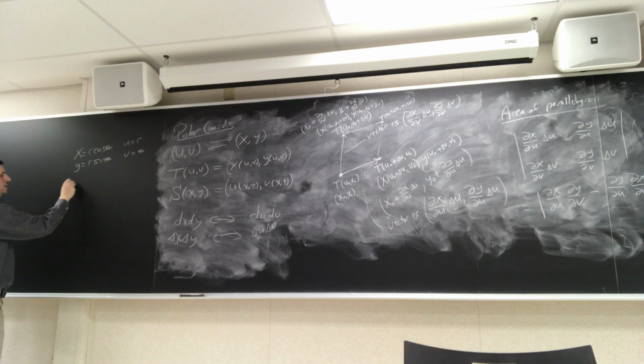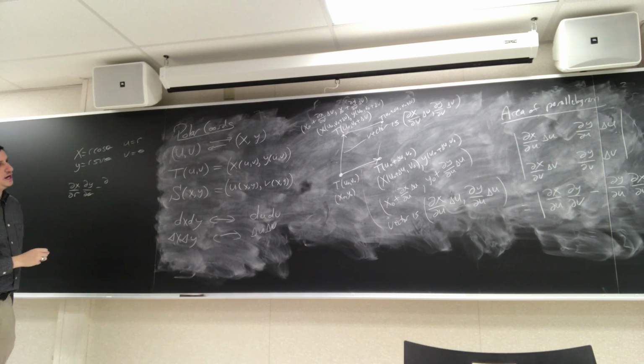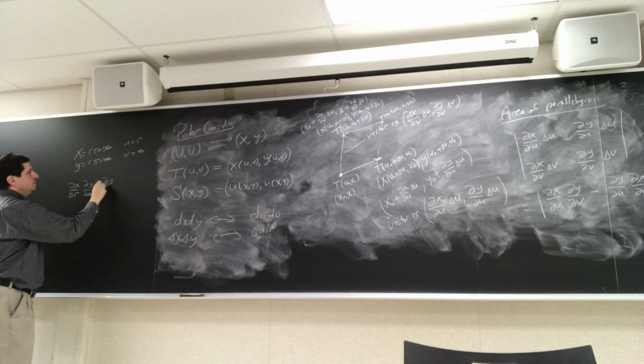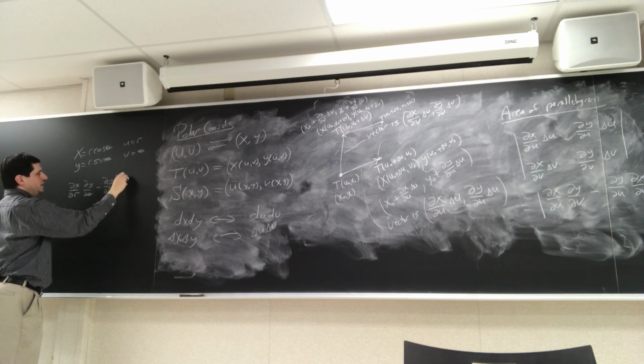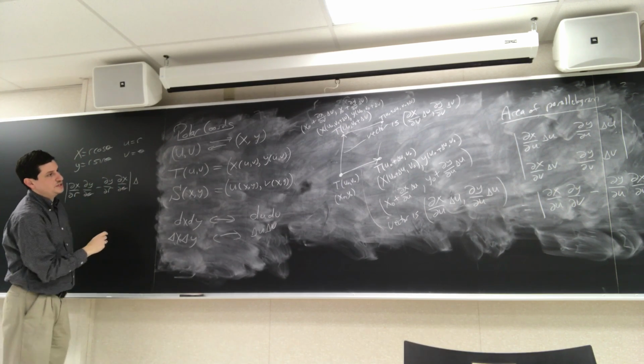So we have dx dr times dy d theta minus dy dr dx d theta, times delta r delta theta.